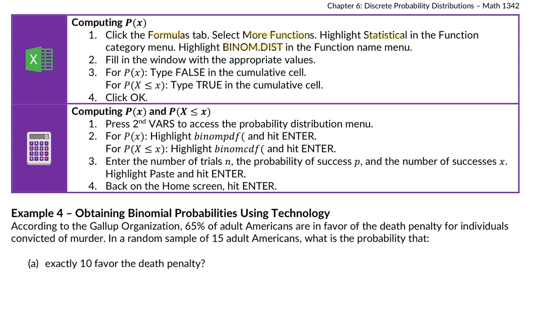Number of trials is 15. And it says the probability of a success is how much? 0.72. No, we're doing example 4. 0.65. And in the cumulative, we're going to put false, because cumulative helps you find greater than or less than. If we're finding exactly this number, we're putting false.